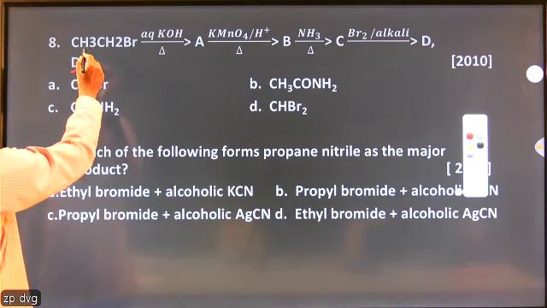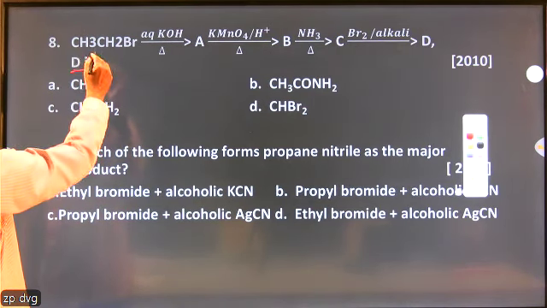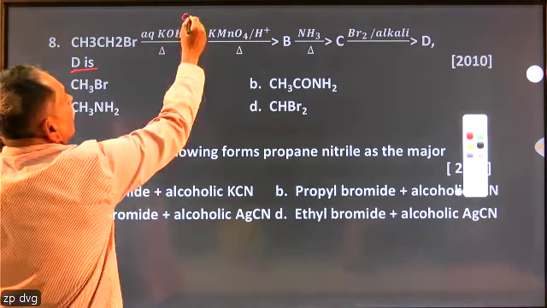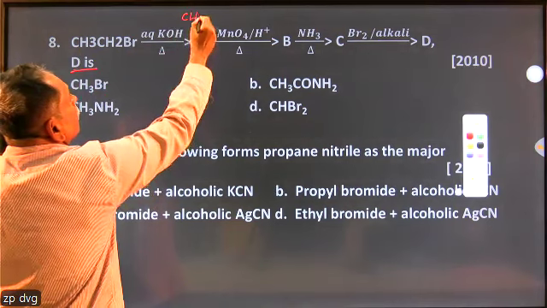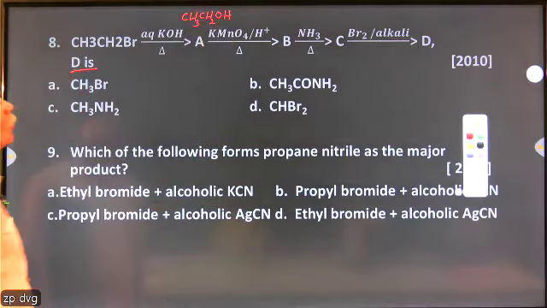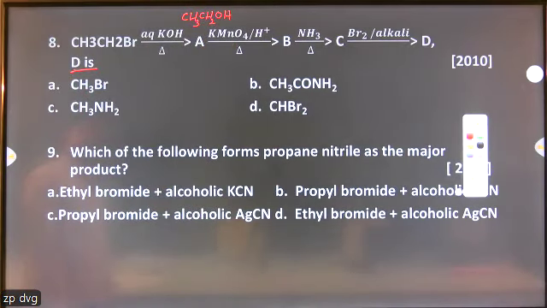Whenever ethyl bromide is treated with aqueous potassium hydroxide, you get ethyl alcohol. So A is ethyl alcohol.